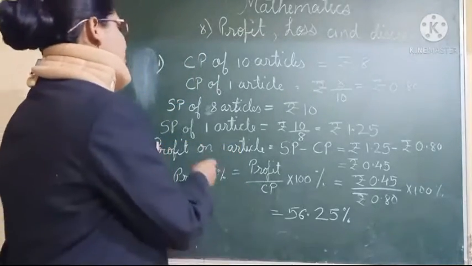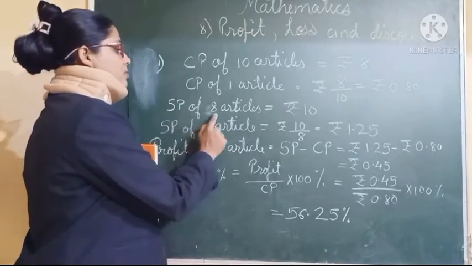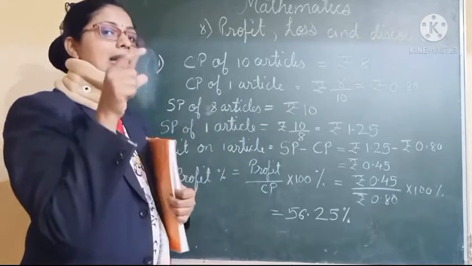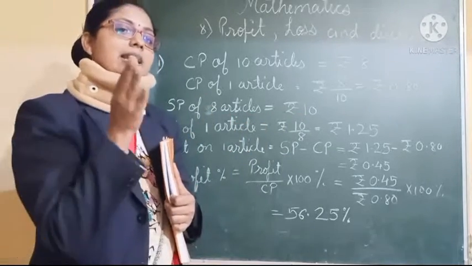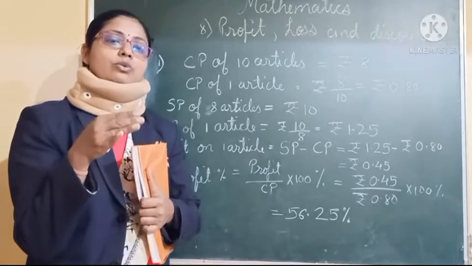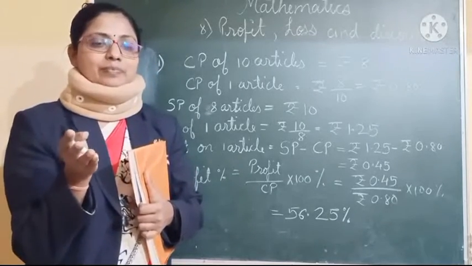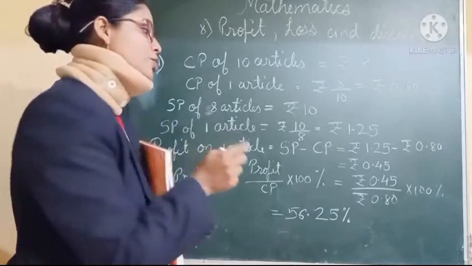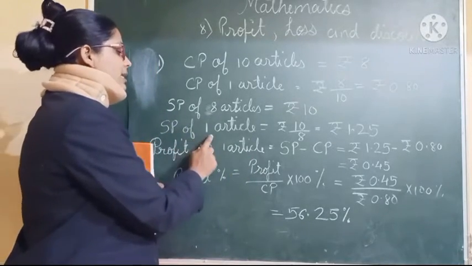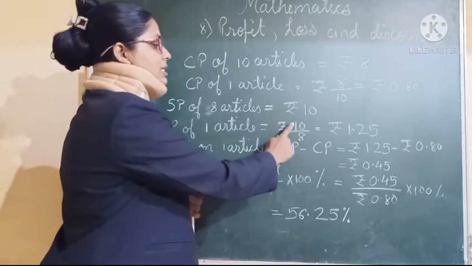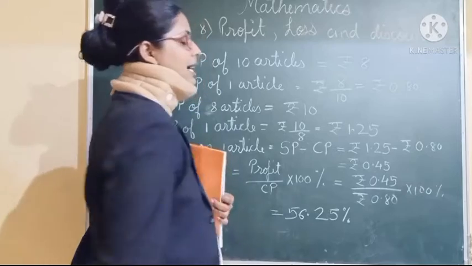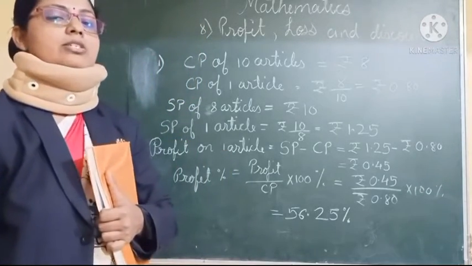Afterwards, the selling price of 8 articles is rupees 10. We have to find one article's selling price, so it will be 10 upon 8, and we get rupees 1.25.